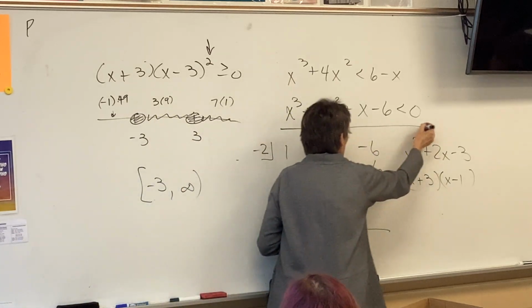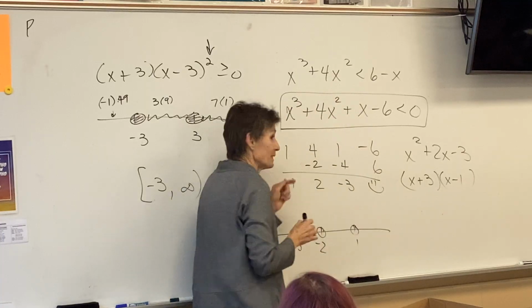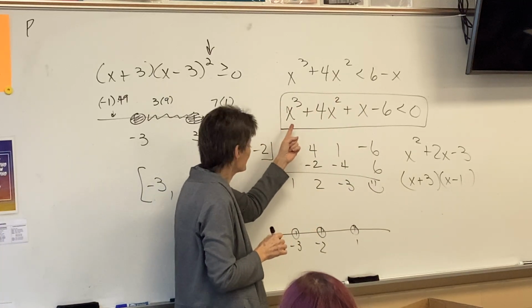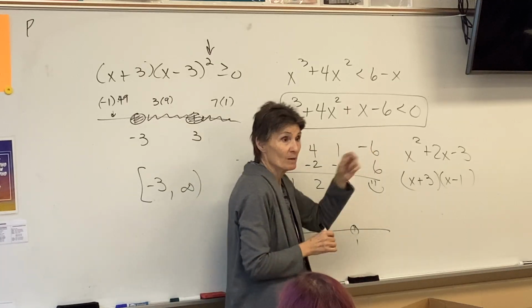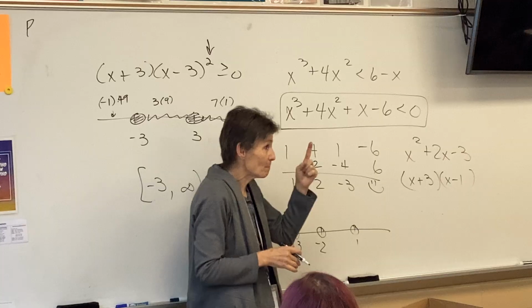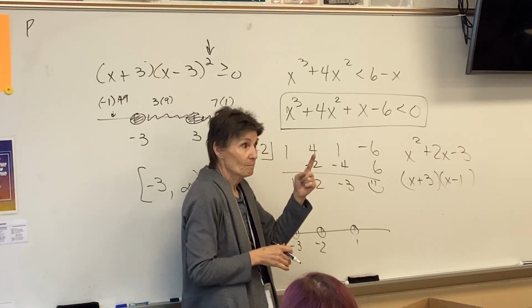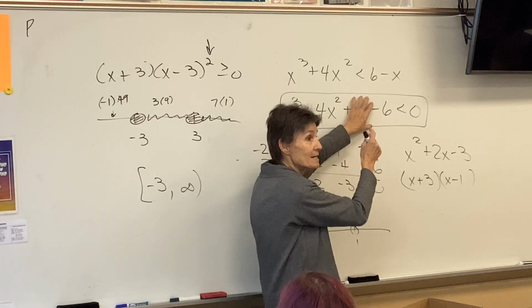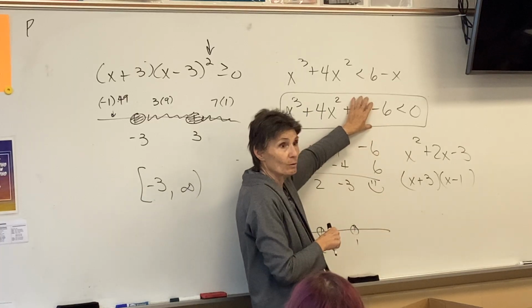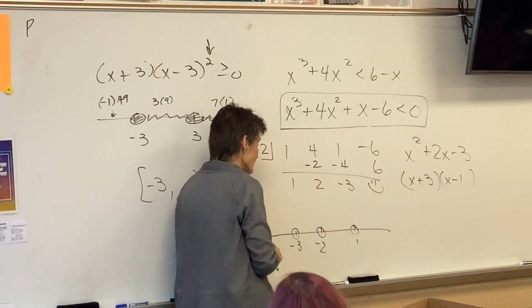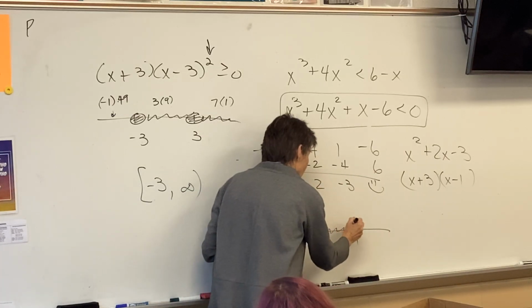If I pick negative 4, I have to put in negative 4 here and here and here. You have a calculator. That's doable. But if I pick 0, look what happens. Gone, gone, gone. Negative 6 less than 0. True? Yep. So where 0 is, I'm going to shade.